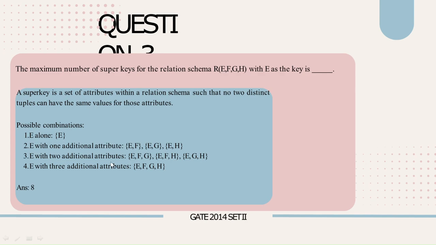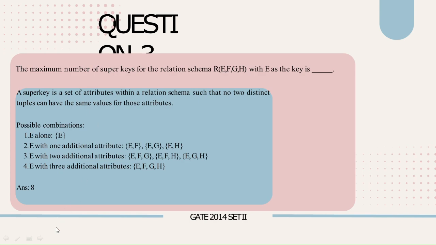Basically, applying all the permutations and combinations with E, we can come to the conclusion that all the possible combinations could be 8, as four attributes are there, and on applying the permutation formula, the answer comes out to be 8. Therefore, the question's right answer would be 8.